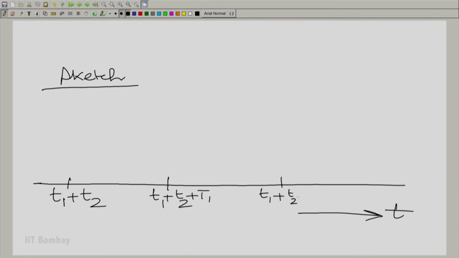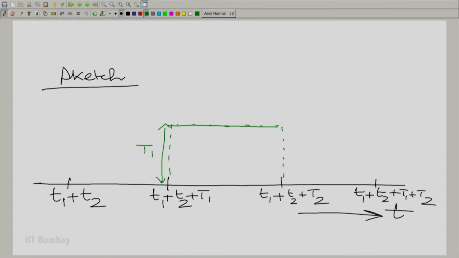One more transition of behavior at T1 plus T2 plus capital T2, and the final transition to 0 at this point. In this region, the convolution takes the value capital T1, a rising line here and a falling line there, 0 beyond here and 0 before here.